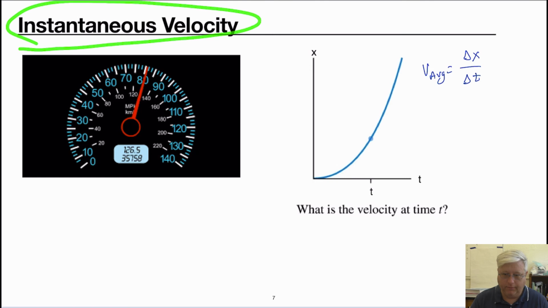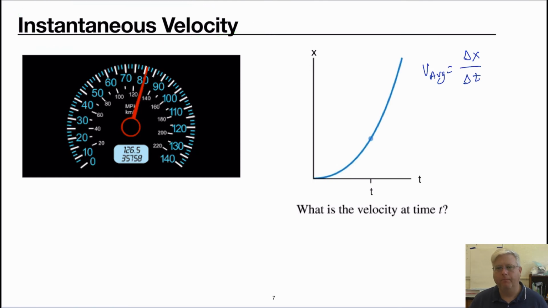So like the title of this slide. And so as the time interval continues to get smaller and smaller and smaller, well, the average velocity reaches a constant, or what we call a limiting value. So we can actually calculate the instantaneous velocity.